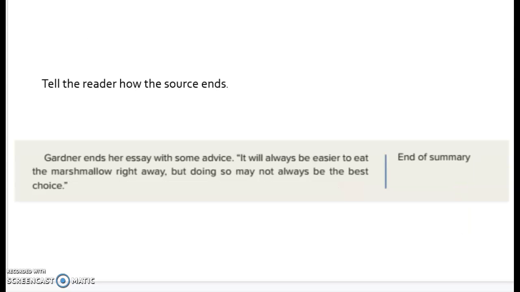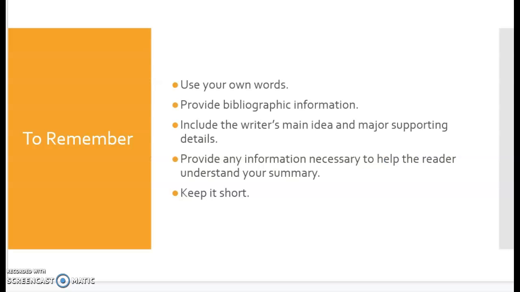And then you want to tell the reader how the source ends. You can use another direct quote maybe, or you can say, she wraps up by blah, blah, blah. How does the author end the article? Okay. And that's your summary. There's no you in the summary.